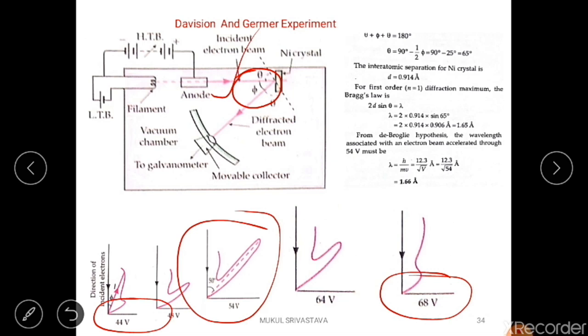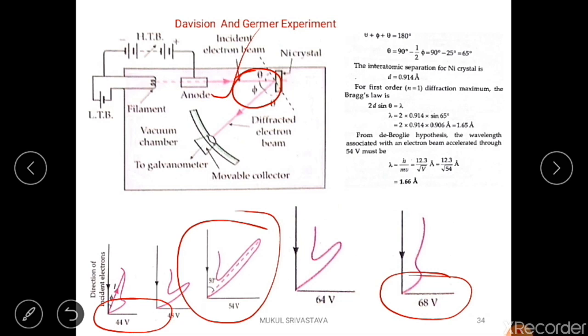Through this relation we can find out the value of theta, and that is 90 minus 1 by 2 phi. In this case phi is 50 degree, so you will get 25 degree, and now you subtract this 25 from 90, you will get 65 degree. Now we are using Bragg's law here, that is 2d sin theta equals n lambda.